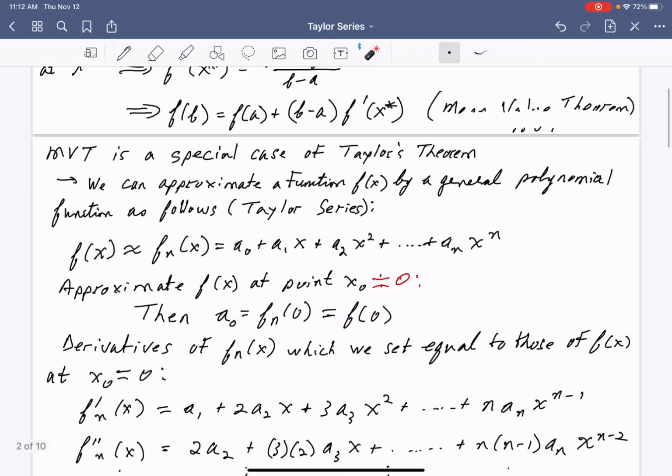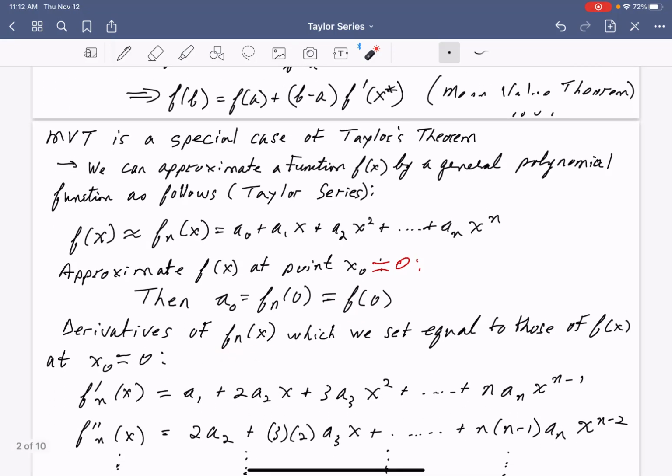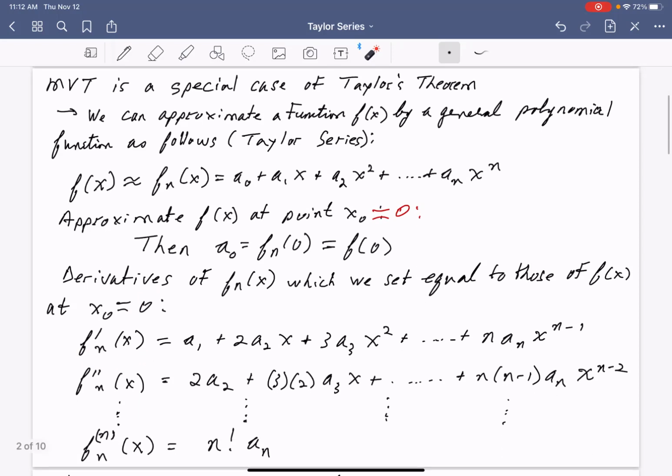So the derivatives of the function f subscript n of x, where it's an n degree polynomial, we set those equal to those of f of x at x naught equals 0. So then we get the first derivative is given by a1.